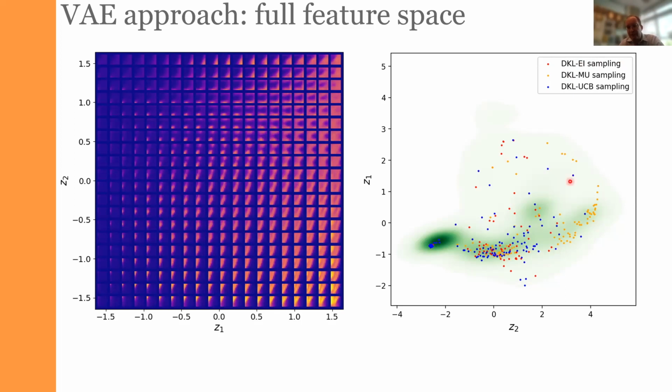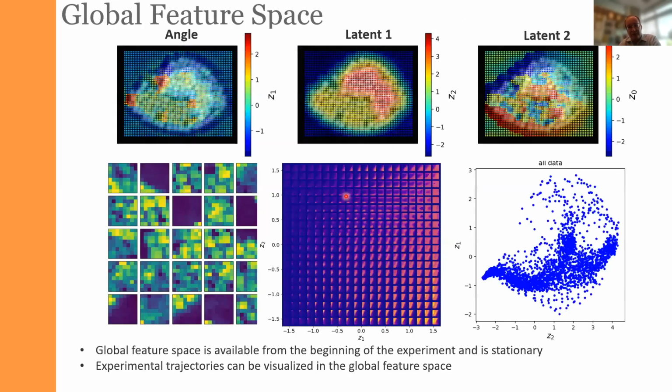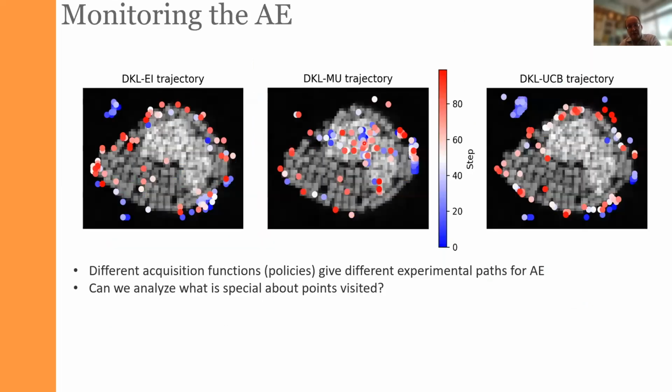And you can see that there is a pretty consistent difference between, let's say, the maximum uncertainty and the UCB and EI sampling. So the maximum uncertainty, for example, explores these features quite a lot. And these features correspond to these double edges. So, for example, these ones. So the double edges are exactly the features that define this central element here.